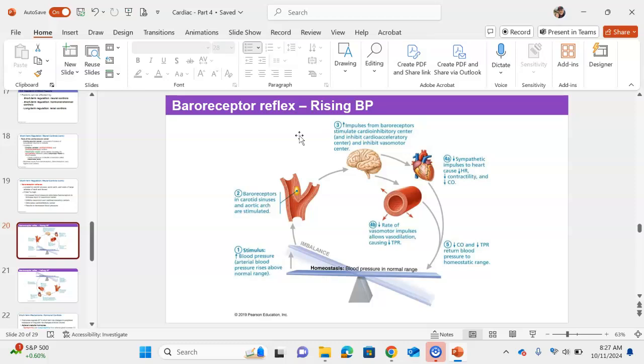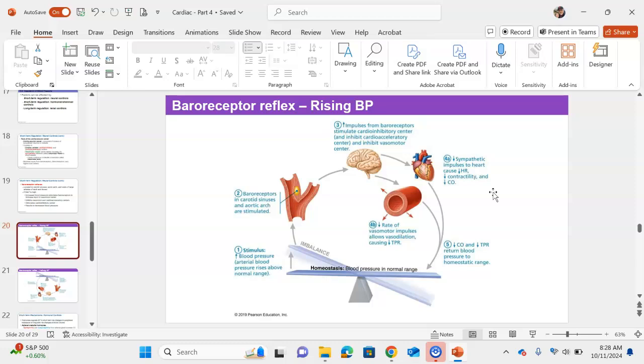And then if we inhibit, number three here, the vasomotor center, that's fewer sympathetic impulses to the smooth muscle in the blood vessels. All right, so if you take those three things into account, we can then see the physiological response right here. So over here, a decrease in sympathetic impulses to the heart, okay? So like they say, heart rate is going to go down.